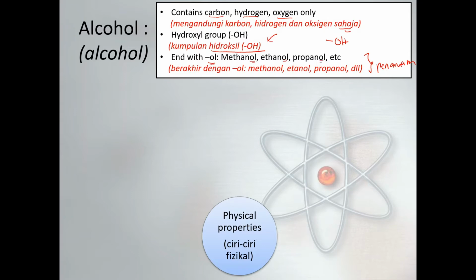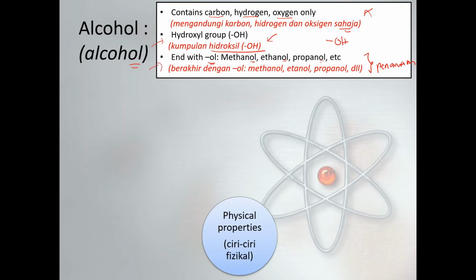So we have methanol, ethanol, propanol, butanol, pentanol. So itu kita namakan alkohol, ada OL kat belakang. So kena ingat, it only contain carbon, hydrogen and oxygen, and then it is in the hydroxyl group, and the names end with OL.